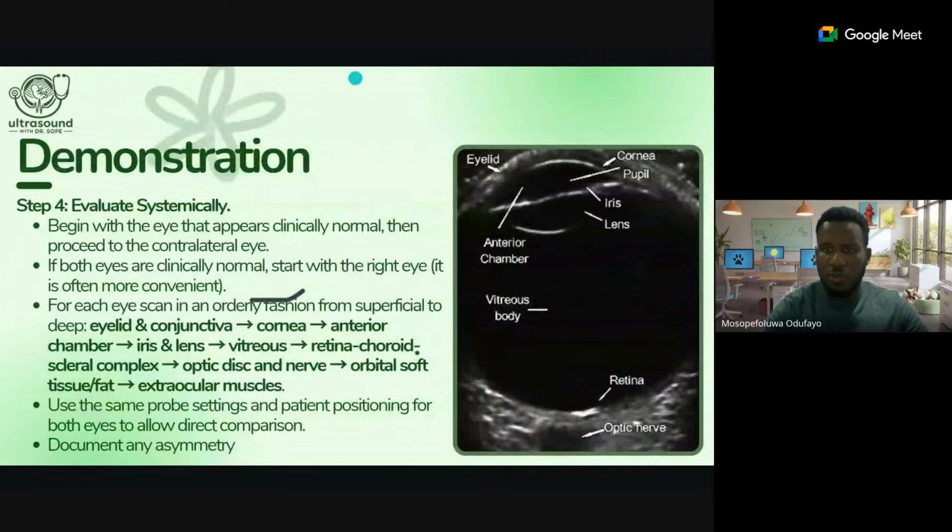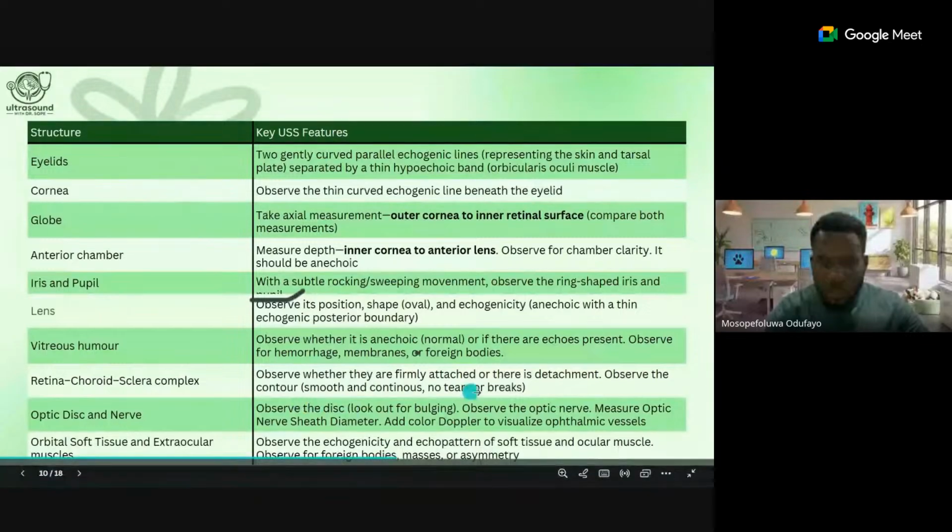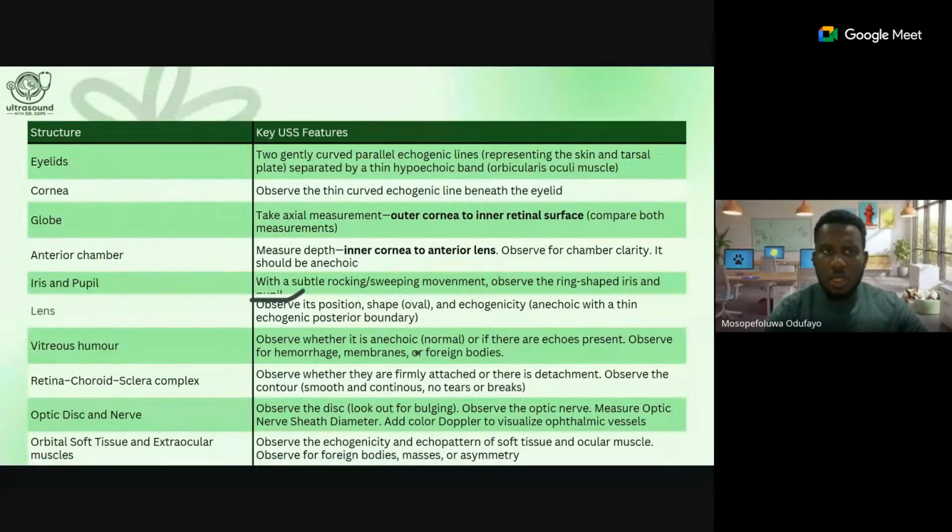Observe for any. If there is any, note it. And then observe the optic disc. Look out for bulge. When you get to the optic nerve, measure the optic nerve sheath diameter. Measure it.